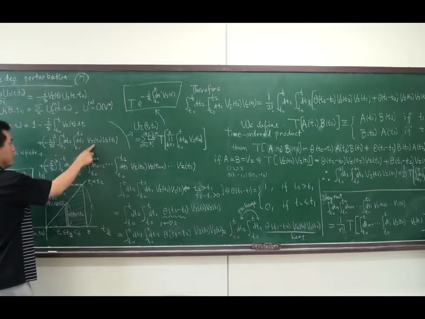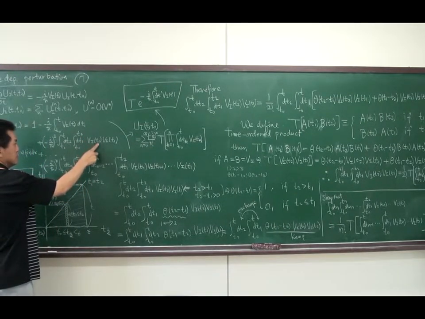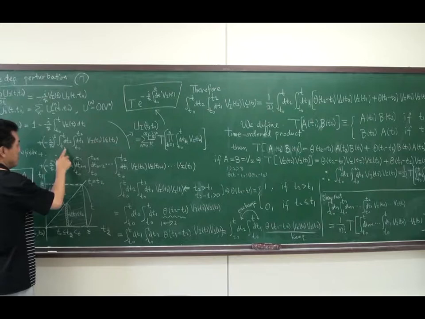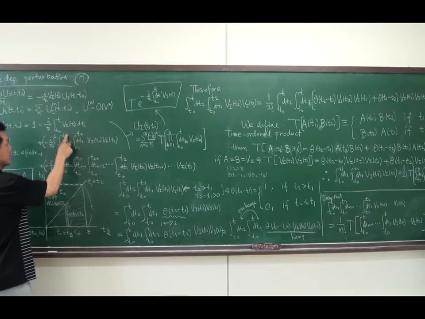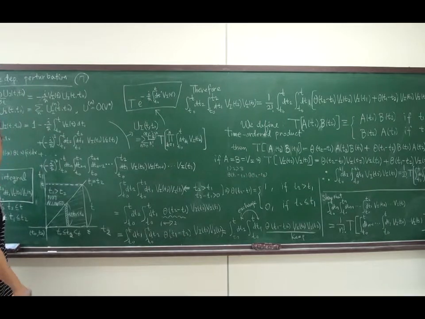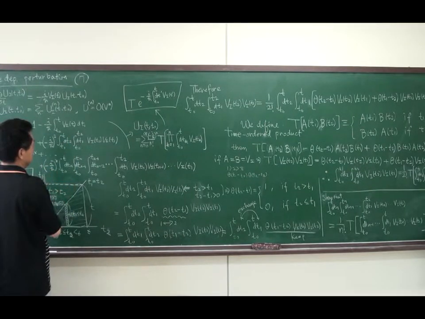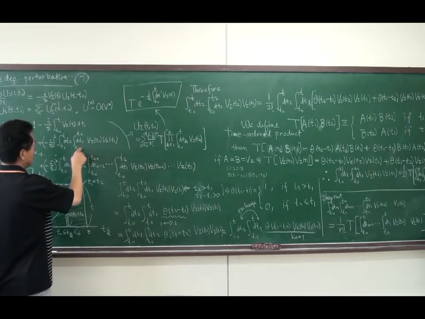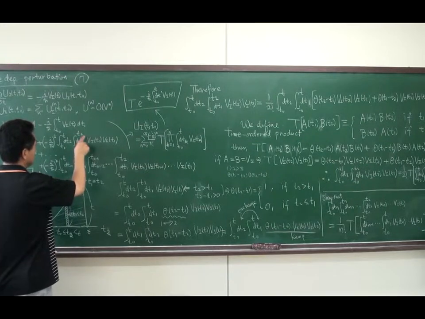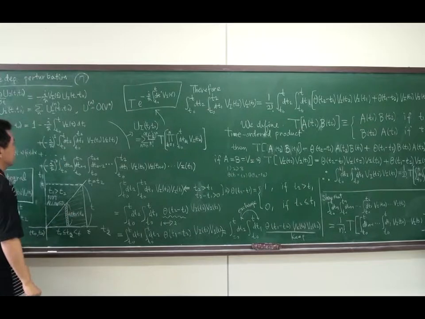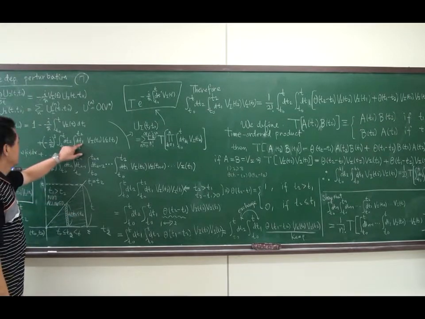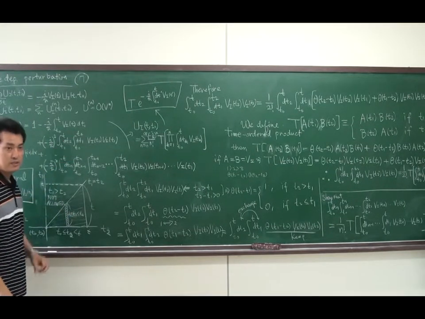And the second one, t2 is integrated from, again, minimum value t0 to the final value t. So there is some order. Okay? t1 runs from the initial to t2, and t2 runs from t0 to t.